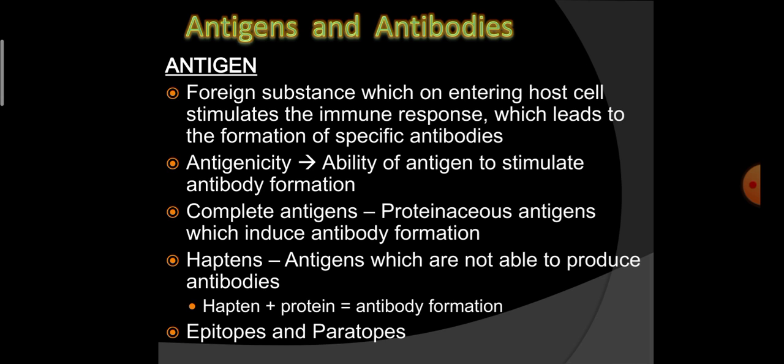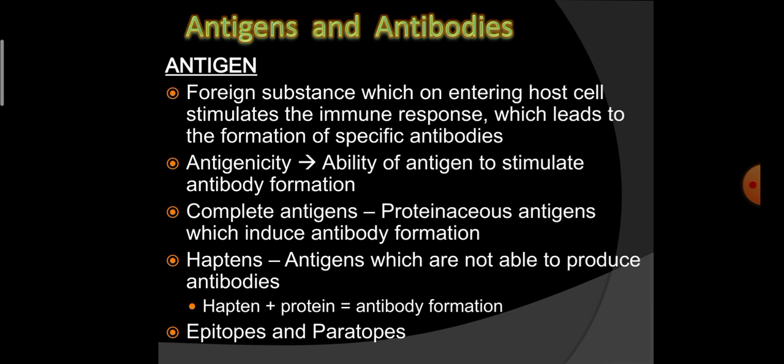Okay, now coming to antigens and antibodies. First we'll see what antigens are. Antigens are foreign substances which, on entering the host, stimulate the immune response. Whenever a foreign substance, that means an antigen, enters the body, it triggers an immune response, which leads to the formation of antibodies specific to that particular antigen.